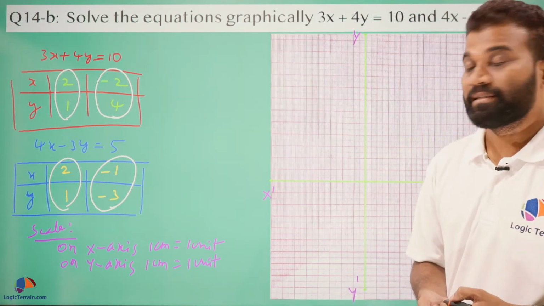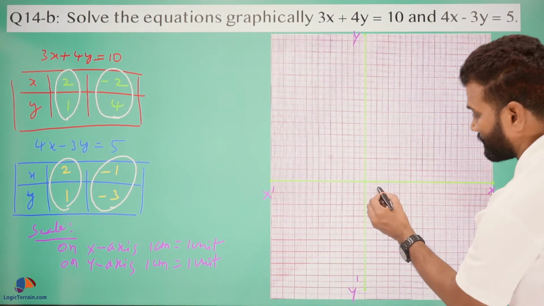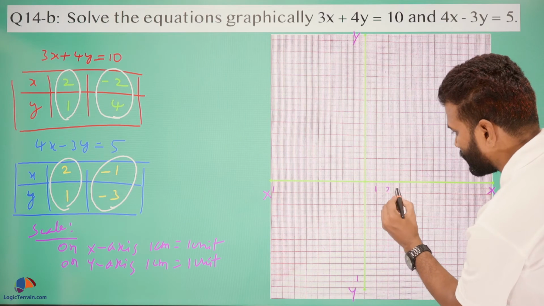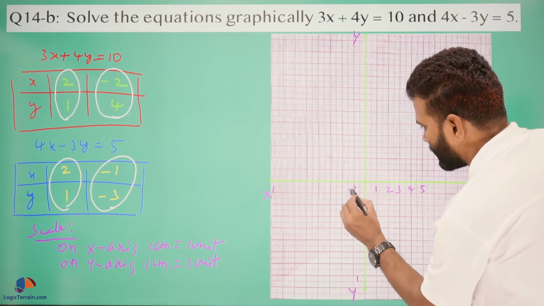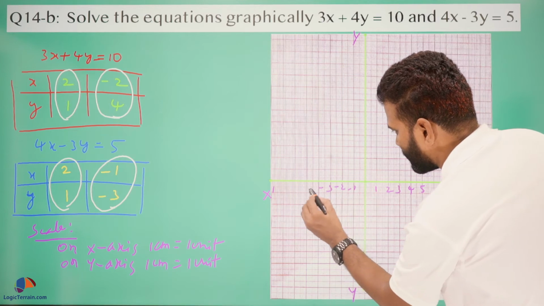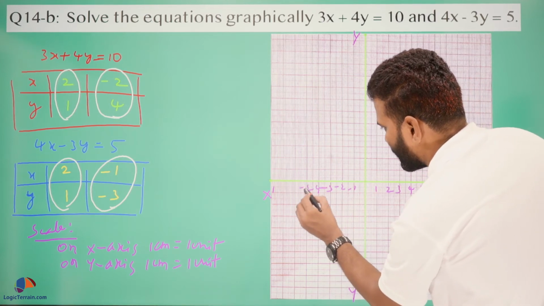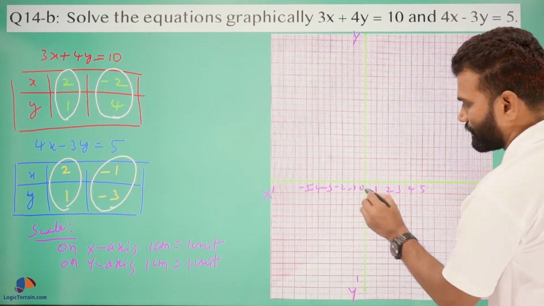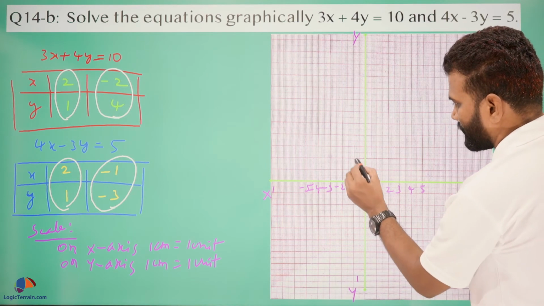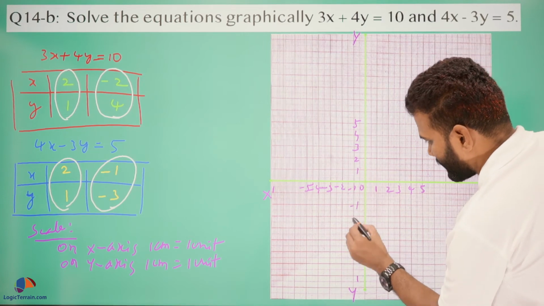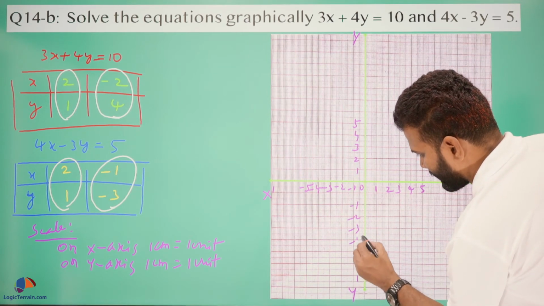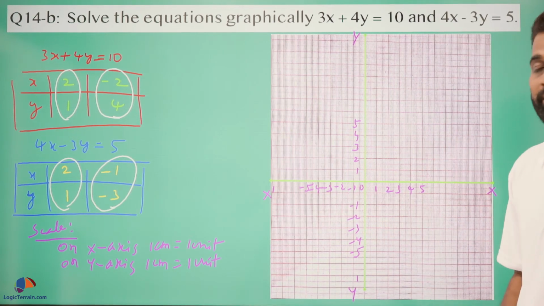This is sufficient. So let's mark 1, 2, 3, 4, 5 and so on, negative 1, negative 2, negative 3, negative 4, negative 5 and so on. This is the origin 0, 0, this is 1, 2, 3, 4, 5 and so on, negative 1, negative 2, negative 3, negative 4, negative 5 and so on.